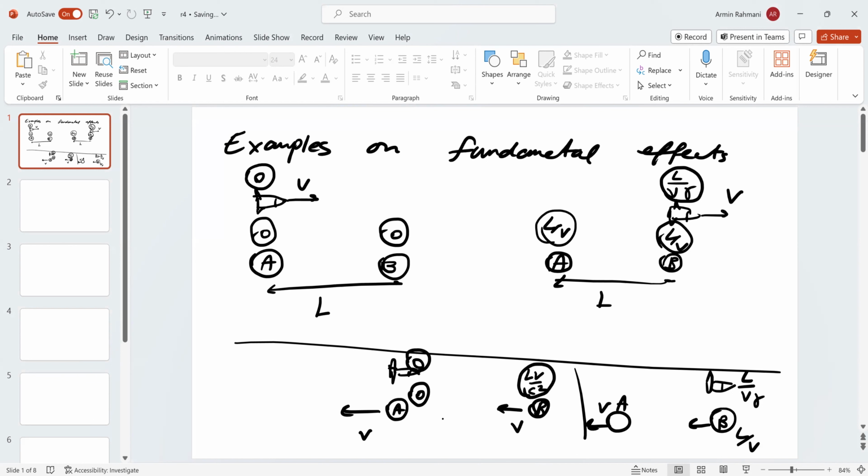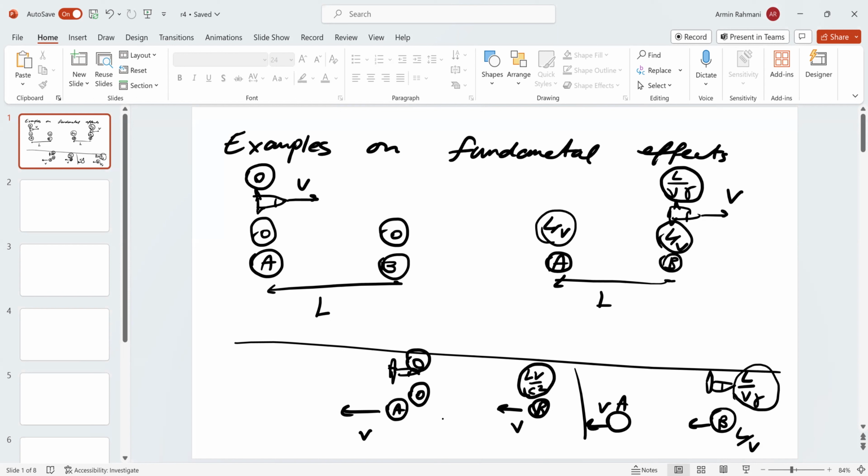So now, what's happening from here to here? Now we know this clock reads L over v over gamma. So what can we say about what the clock on planet B reads?